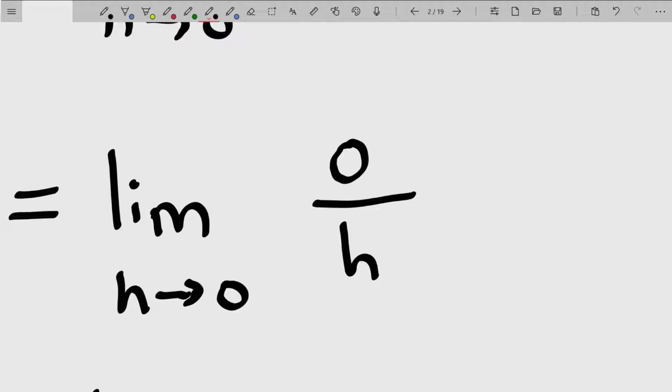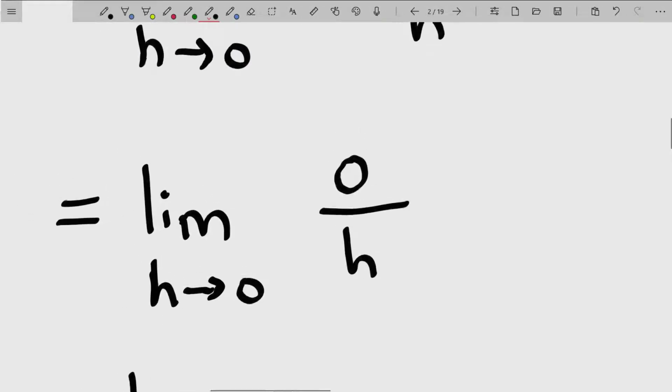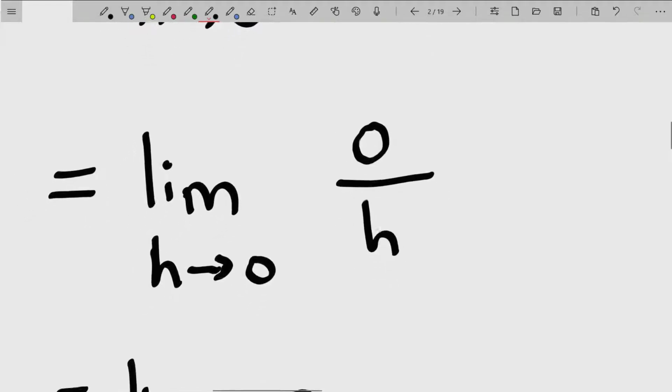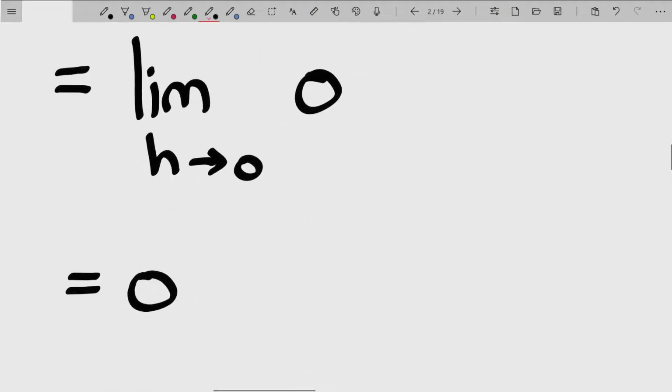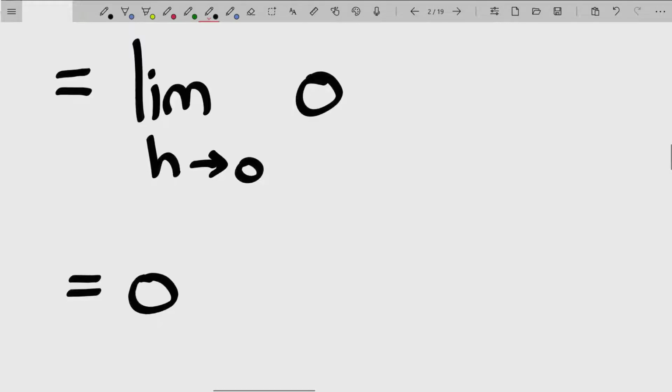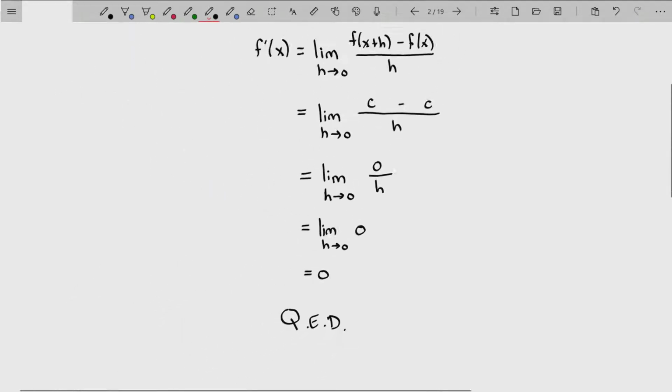A limit, as h approaches 0, means that h is not allowed to be 0. It's any number close to 0, but it's not 0 itself. So that denominator is non-zero, so 0 over a non-zero number is 0. And then the limit of a constant is just the constant, which in this case is 0. So that derivative is 0.